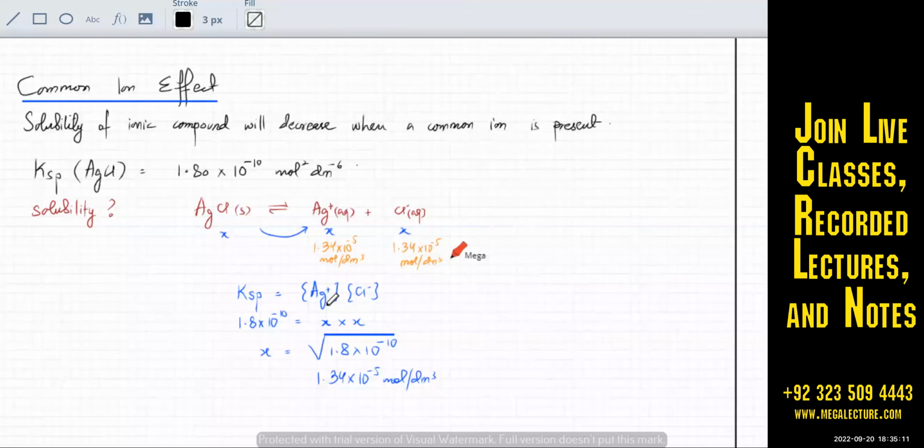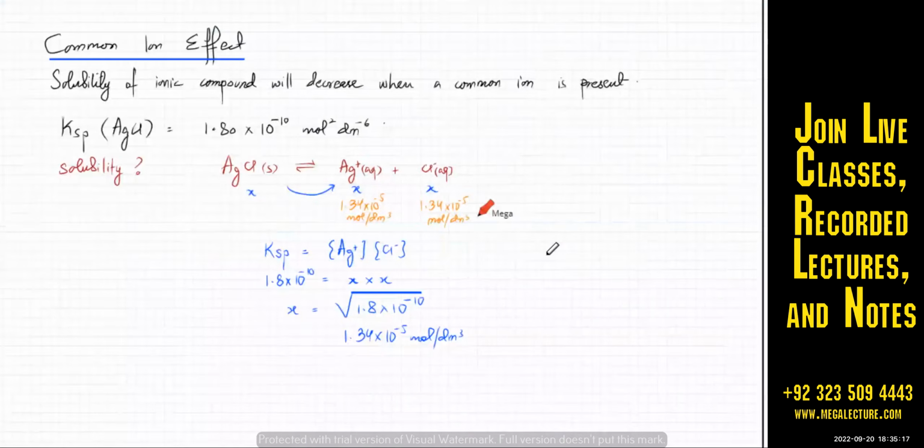Coming back to the point of the common ion effect, which I had to explain to you. The common ion effect says that the solubility of an ionic compound will decrease drastically when a common ion is present. Now this is the solubility of AgCl in pure water. There's nothing else, meaning the water will just contain silver ions and Cl ions.